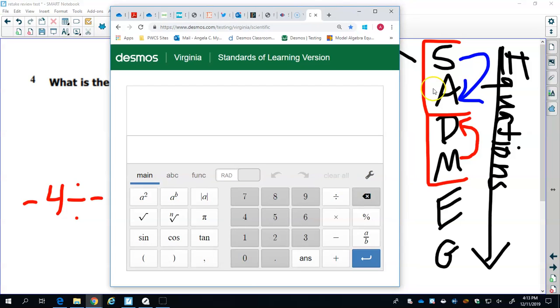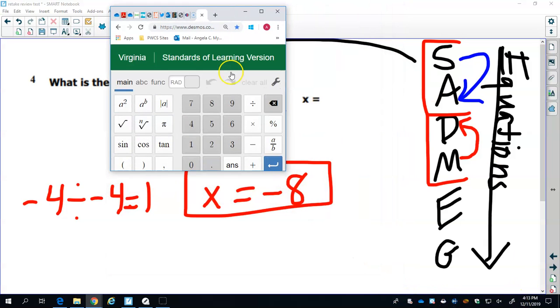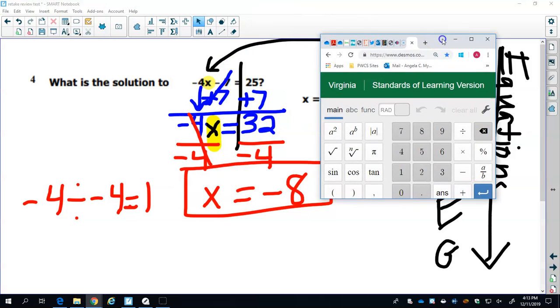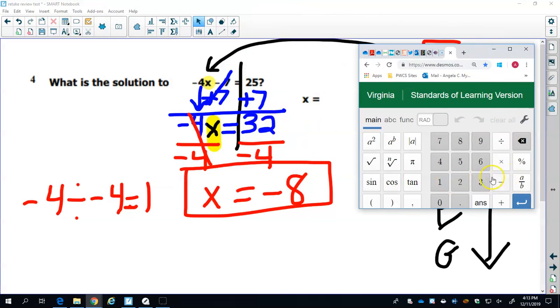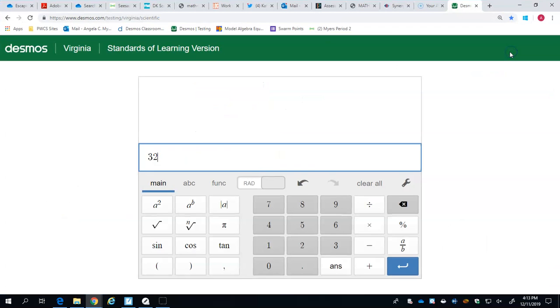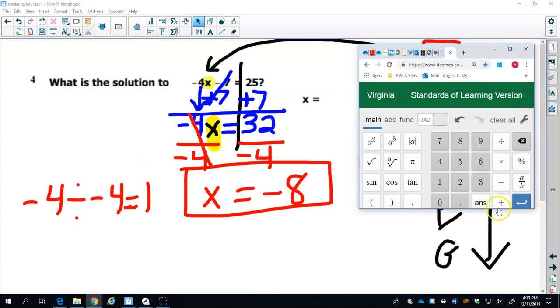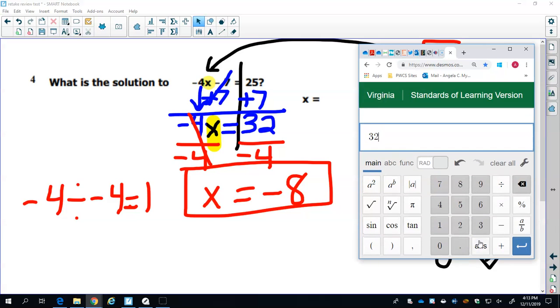So when you get to that point in the problem, where you're trying to determine 32 divided by negative 4, you should do 32. Let me make that bigger again. I made it too small. There we go. 32 divided by negative 4. And you can see the answer is negative 8.